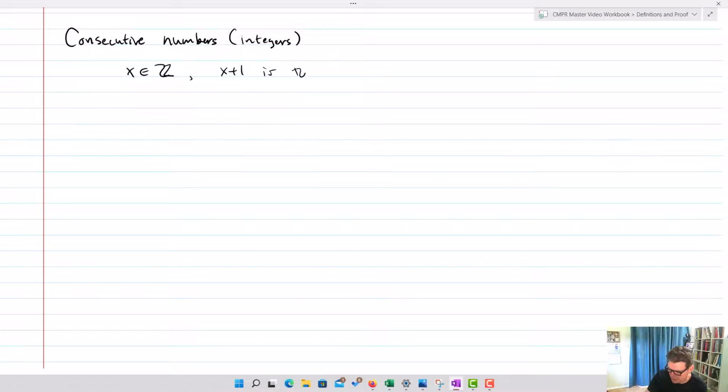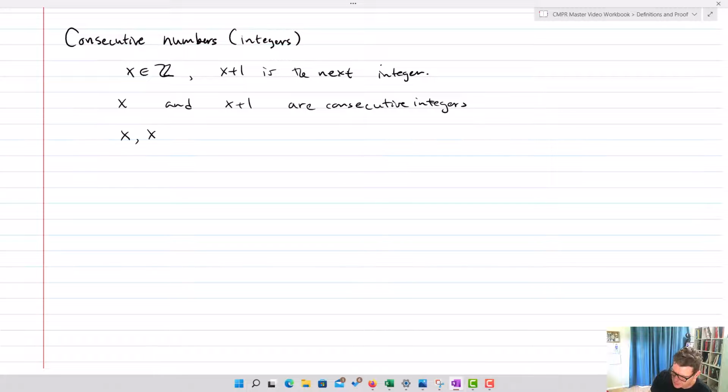We'll start with x, some unknown, and x plus 1 is the next integer. So x and x plus 1 are consecutive integers. For example, x, x plus 1, x plus 2, and x plus 3 are also consecutive. That's 4 consecutive integers.